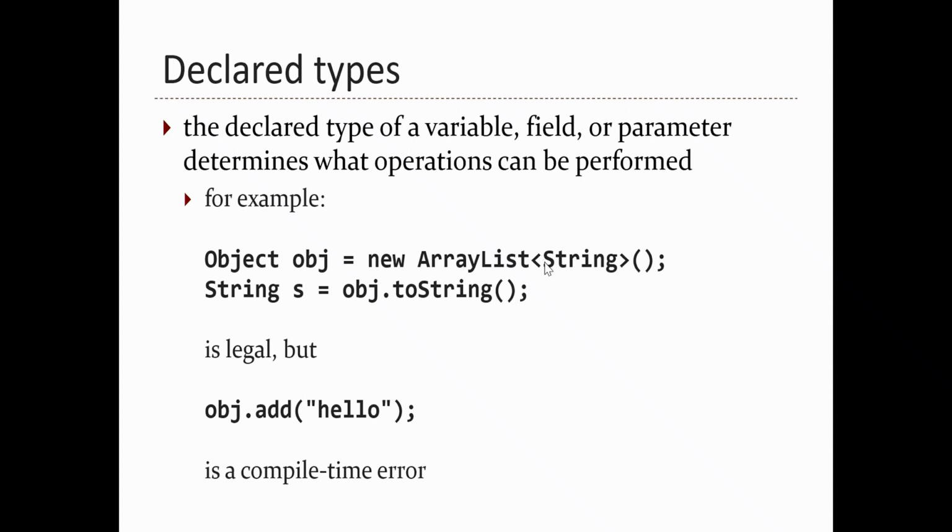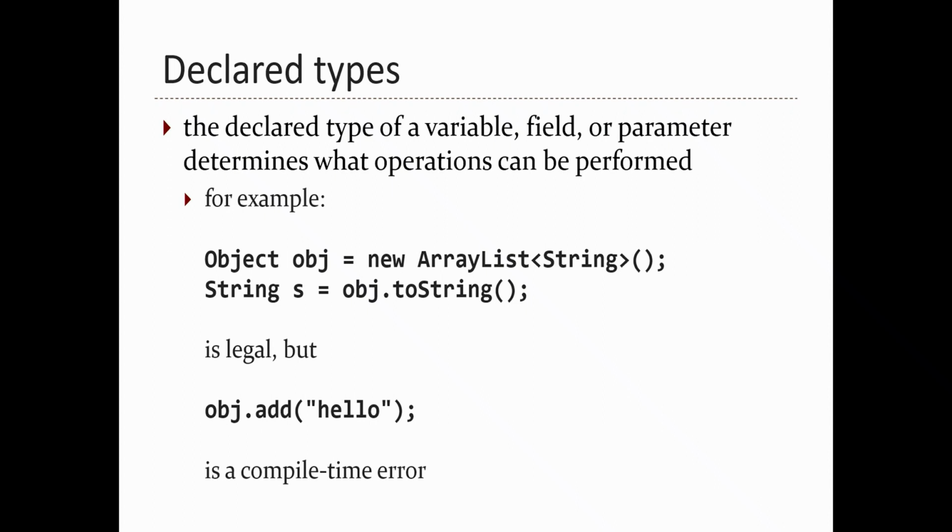Now, obj is actually an ArrayList, or refers to an ArrayList. So you might think I can just add something to obj, that I can add the string hello to obj. But the compiler doesn't let that happen. If you try to type that into Eclipse, the compiler will immediately flag that as an error, and it'll say that obj is a big O Object, and big O Object doesn't have an add method in it.